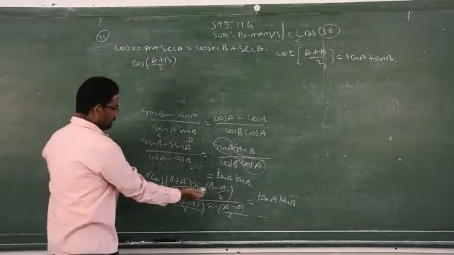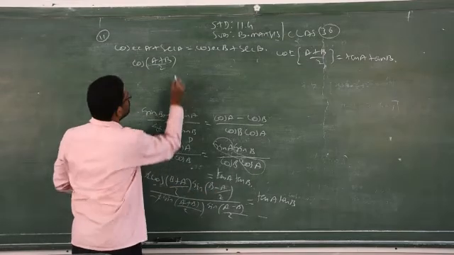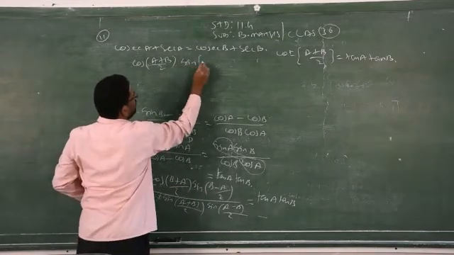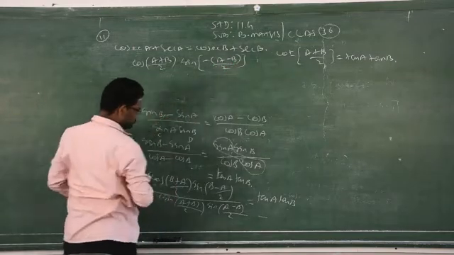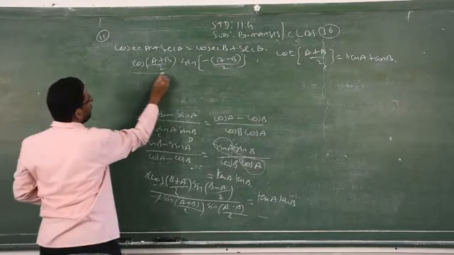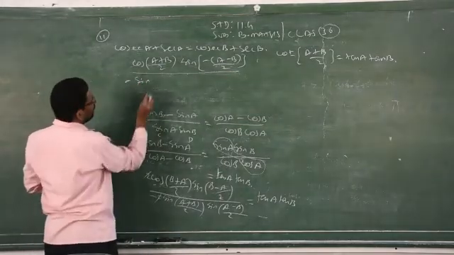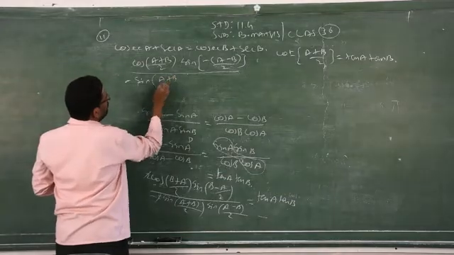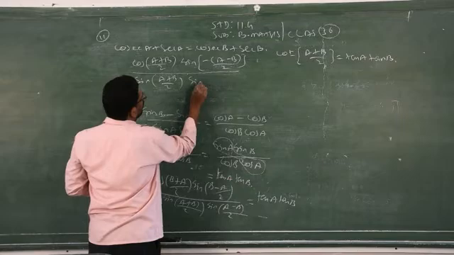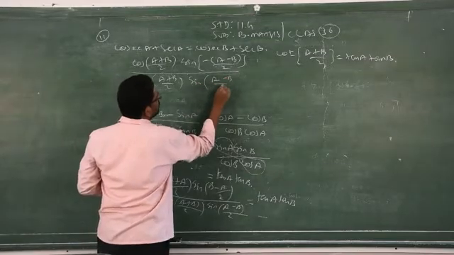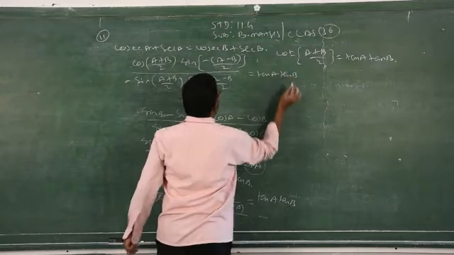If I change the sign of the angle in sin theta, you have to take minus outside. That is sin of minus of A minus B by 2, over sin, that is minus sin A plus B by 2, into sin A minus B by 2, is equal to tan A tan B.